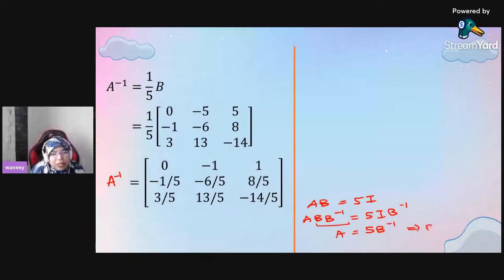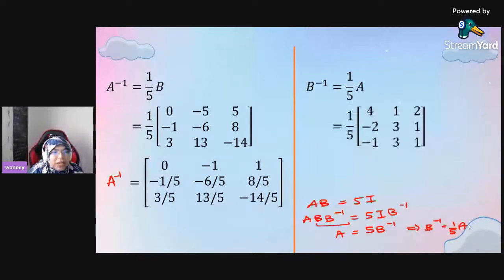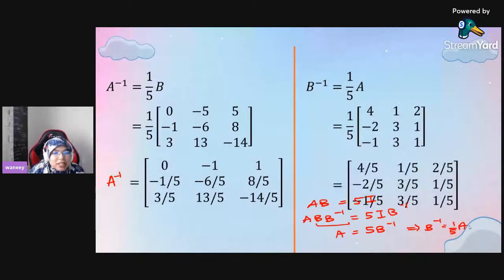Therefore, B inverse is equal to 1 over 5A. Okay, so B inverse is 1 over 5A. So you're going to substitute with A inside here. And then the final answer is this one. Okay, so it's A inverse, B inverse.